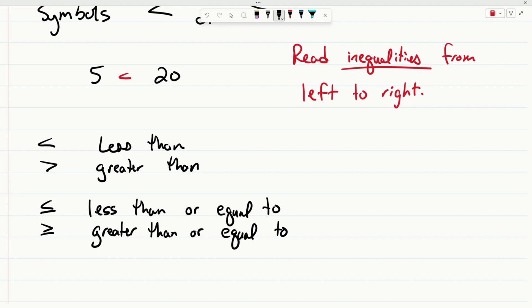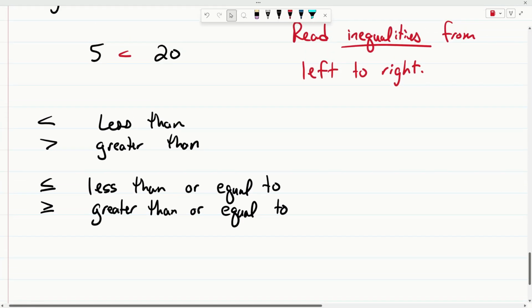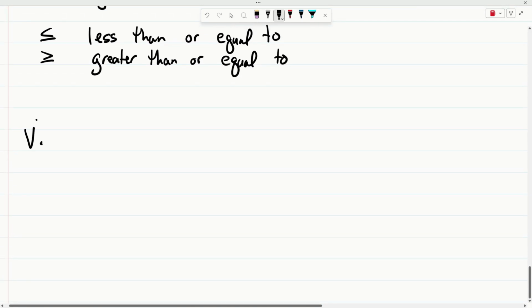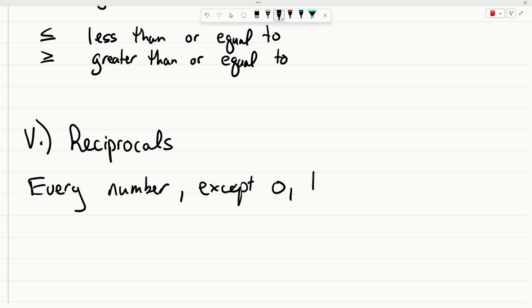Now, what's this thing about reciprocals? Because remember, this is just a review of the first section. So every number except 0, you have to exclude that one, has a reciprocal.